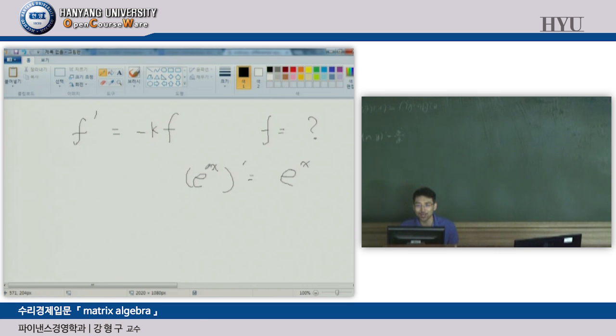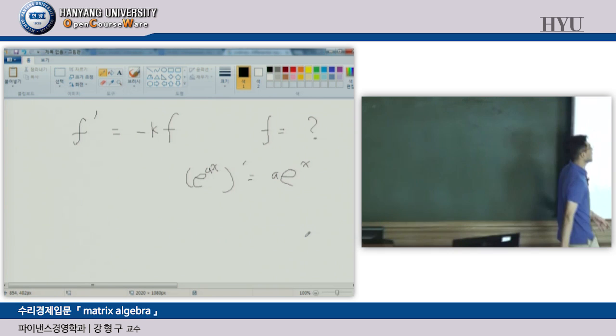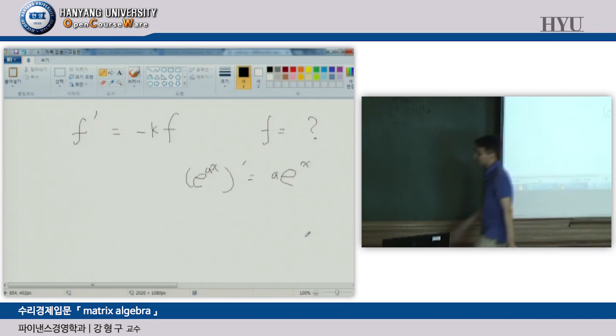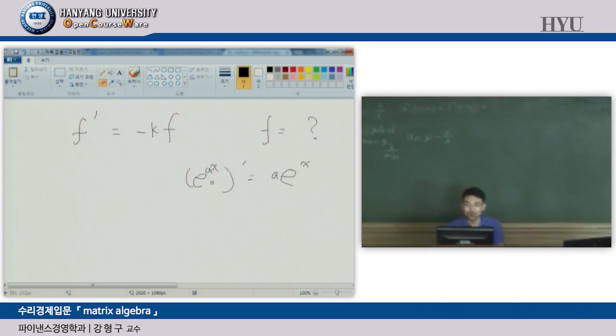Now we have minus k over here. Well, then we put a, let me put a over here. Then a comes out, because of the chain rule, since we have to look at the ax part. Now we have minus k instead of a, so naturally we need minus k over here.